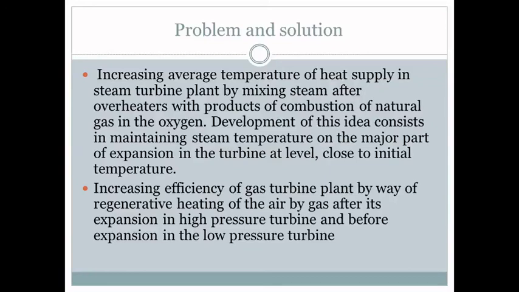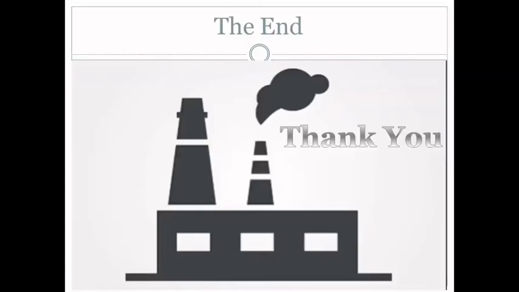Increasing efficiency of a gas turbine plant by way of regenerative heating of the air by gas after its expansion in the high pressure turbine and before expansion in a low pressure turbine.